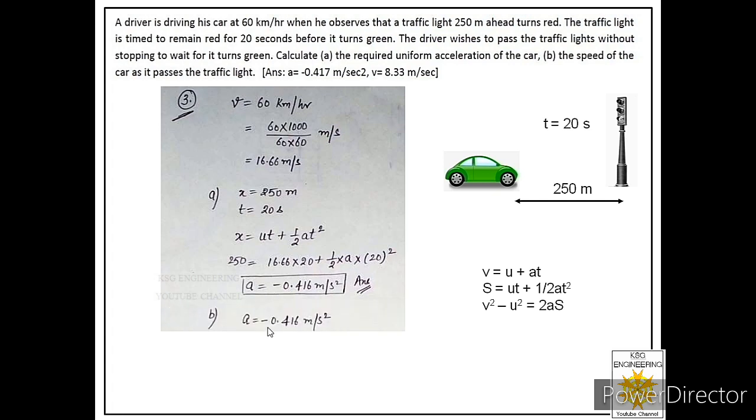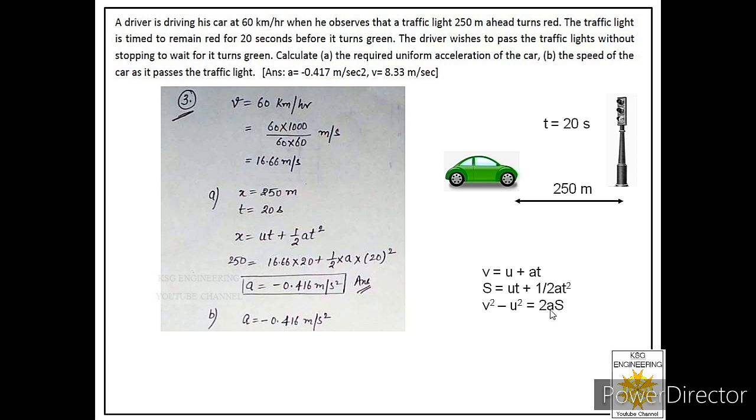So for the B part, we have the retardation, we have the distance traveled between stage 1 and stage 2, we know the initial velocity, and we have to find the final velocity. Let us see which equation is applicable over here.